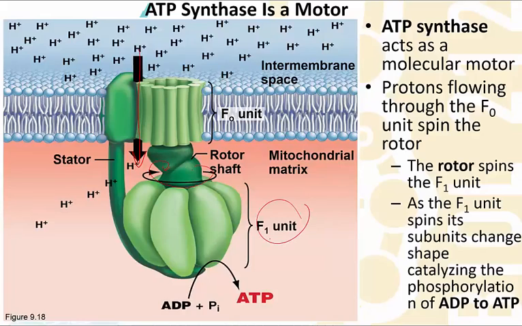And when the F1 unit spins, the subunits in the F1 unit change shape, catalyzing the phosphorylation of ADP to ATP. The force that drives the protons through the ATP synthase complex back into the mitochondrial matrix, thus powering ATP production in this way, is called the proton motive force, which serves as the basis for the chemiosmotic hypothesis.